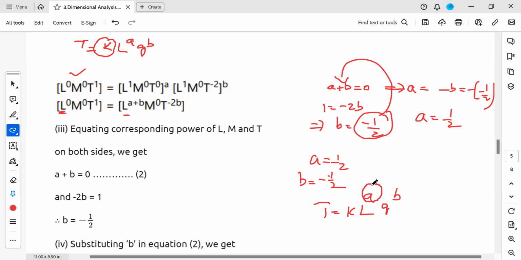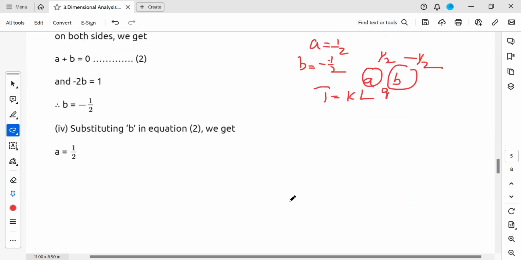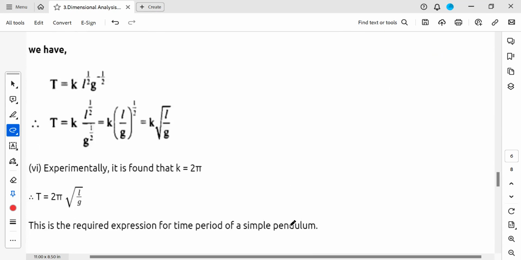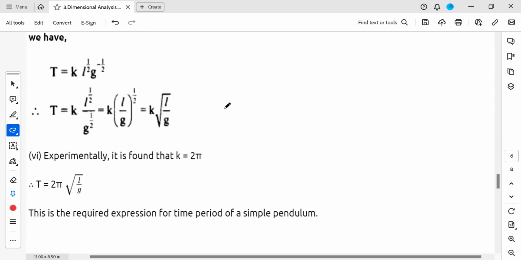Then the equation will be simplified as T is equal to k into L power 1 by 2, g power minus 1 by 2.